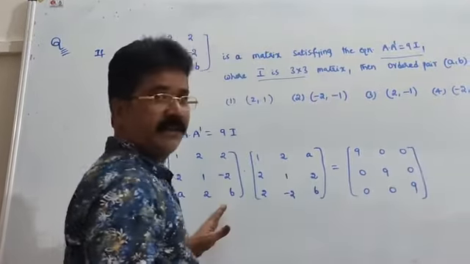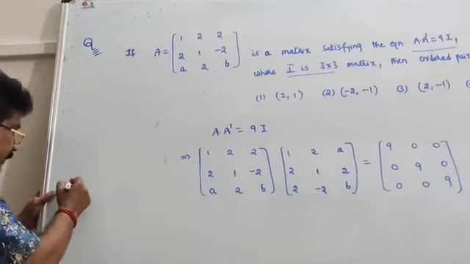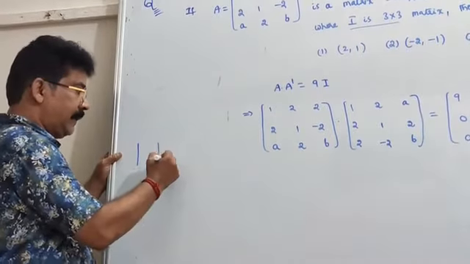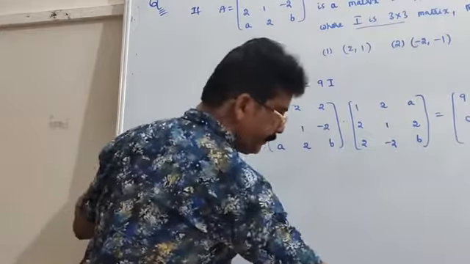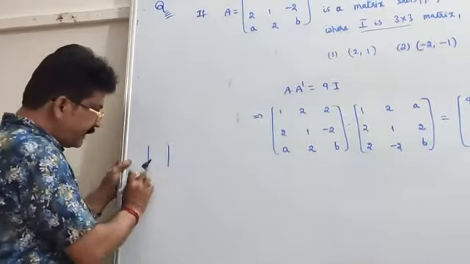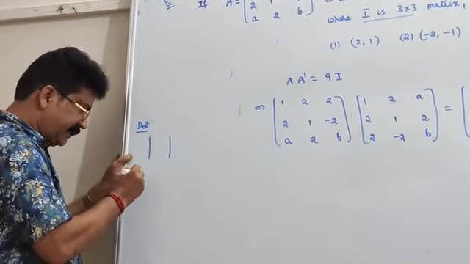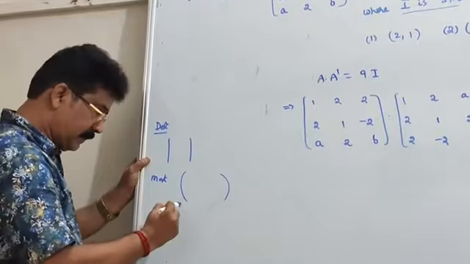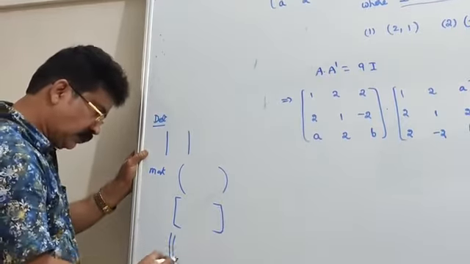Mind it, it is not the determinant, it is the matrix. Determinant notation is a single pair of vertical lines. Matrix notation is an open bracket and closed bracket, or two vertical lines.